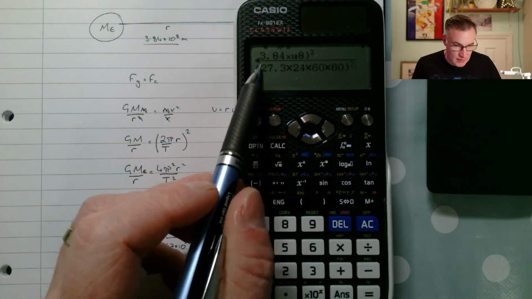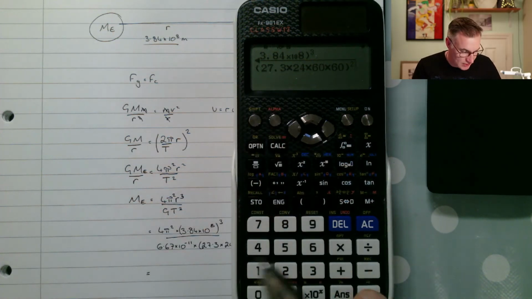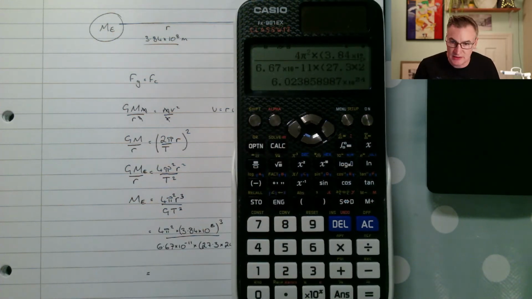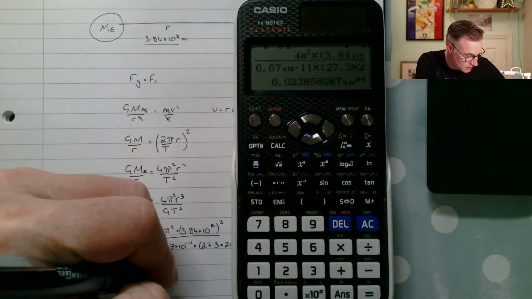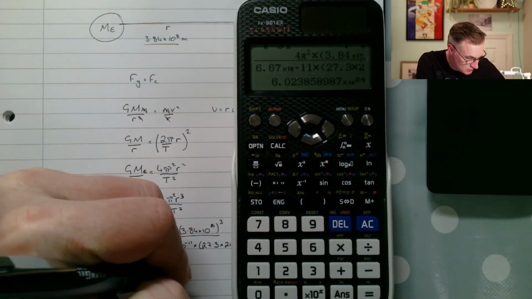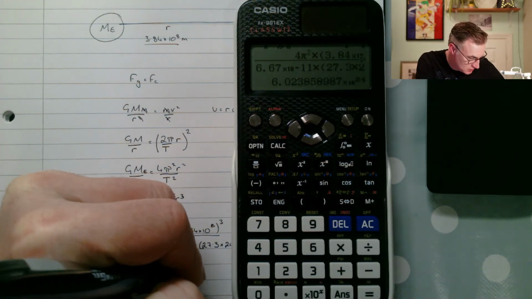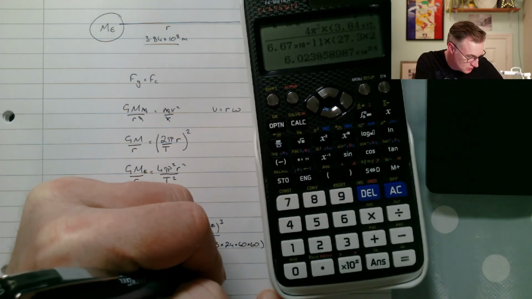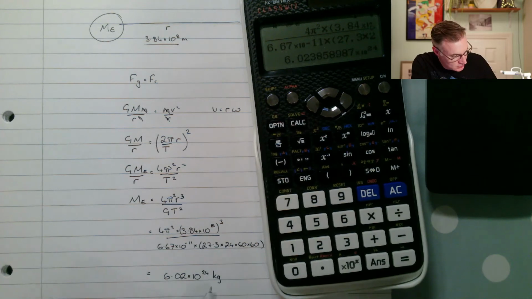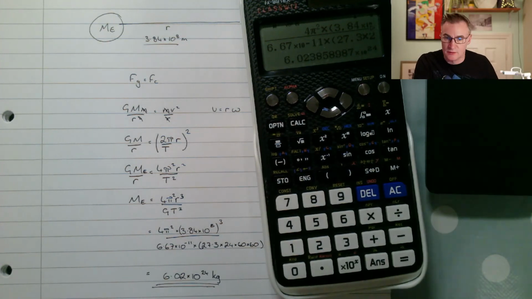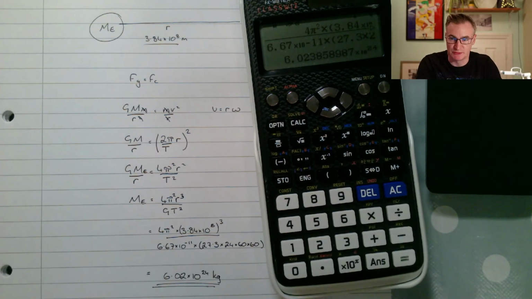Entering that in the calculator, we get 6.02 times 10 to the 24 kilograms, which is what it says in the data sheet, so it must be true.